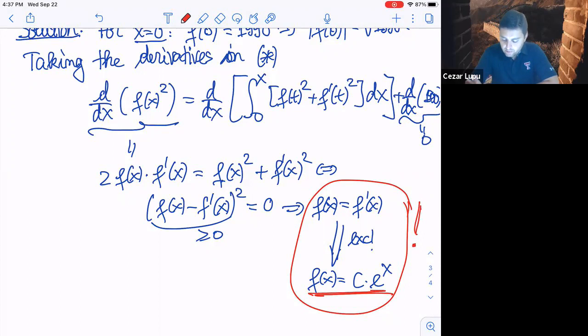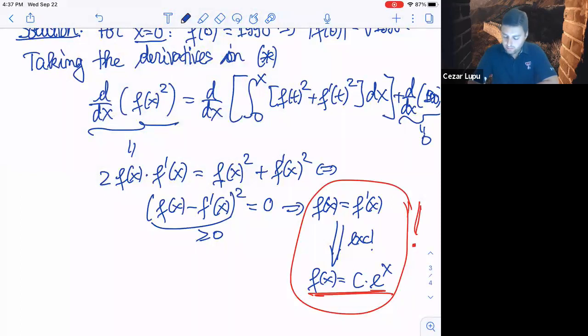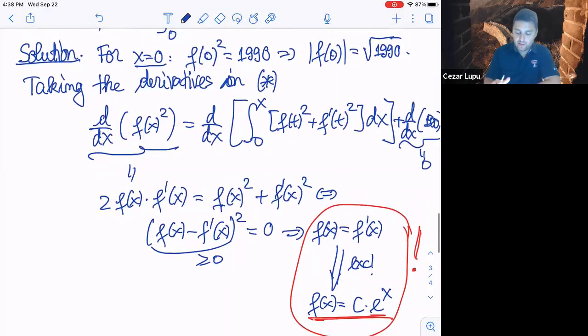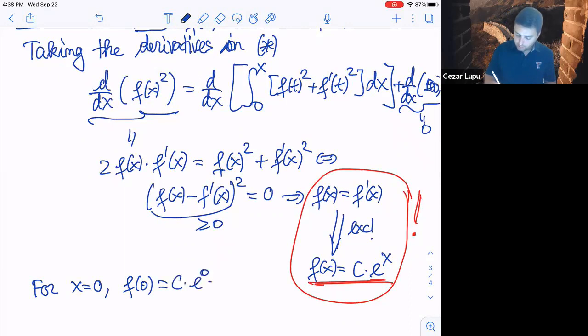All right. So now we need to find this constant c. Well, that's not hard to do. We go back to the initial observation that for x equals 0, the square of my function f evaluated at 0 is 90. For x equals 0, f of 0 is c times e to the 0, so it's c.